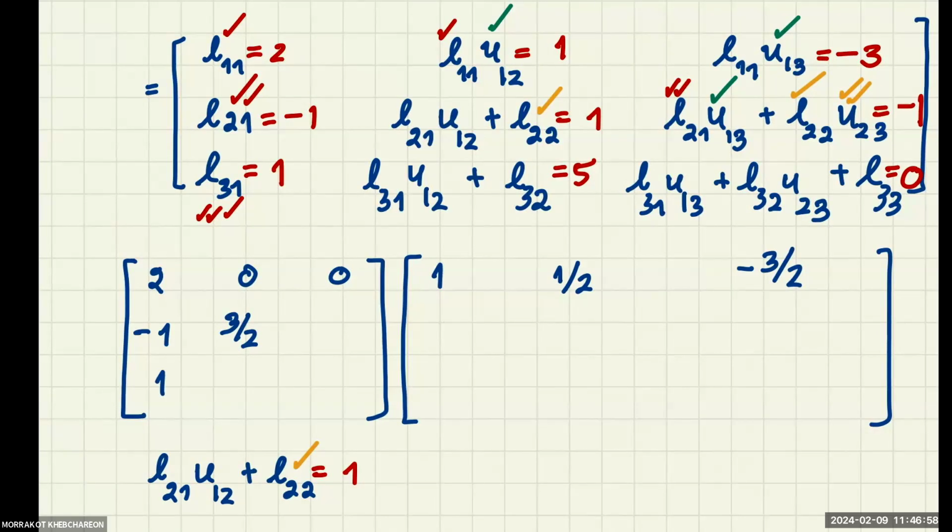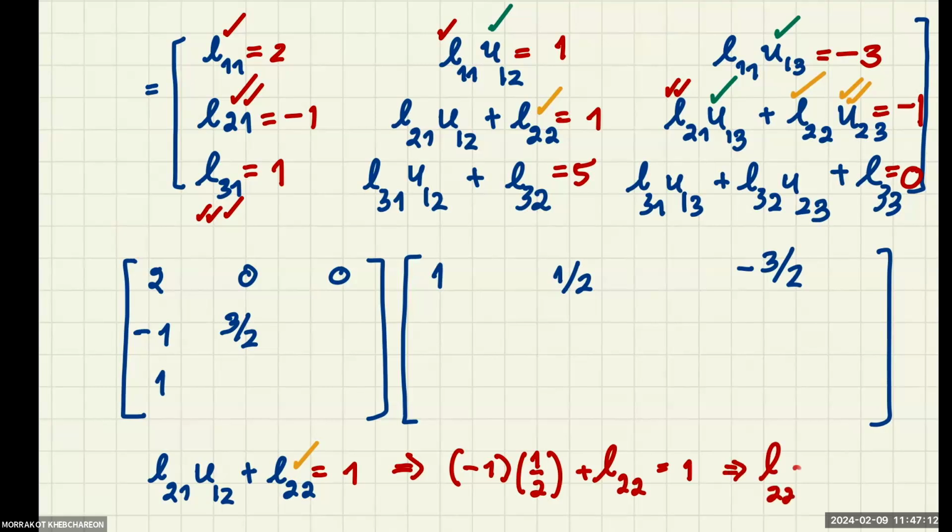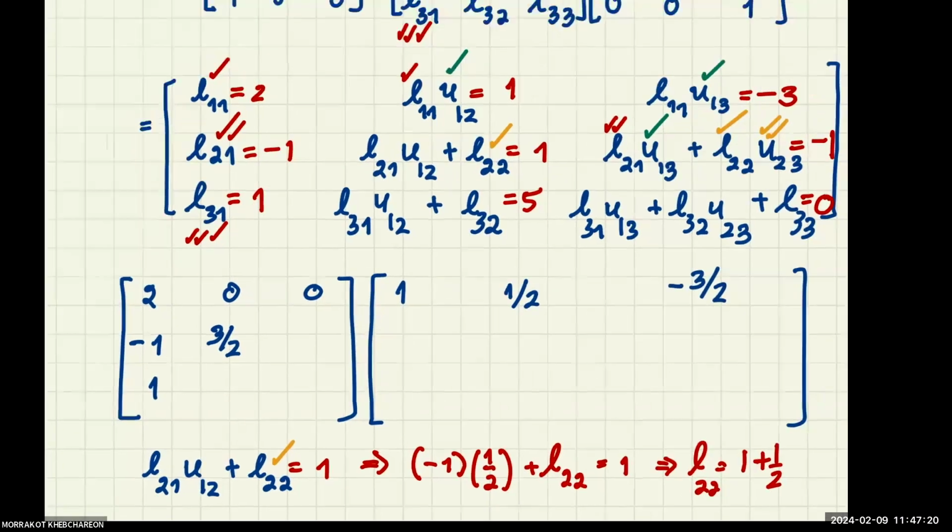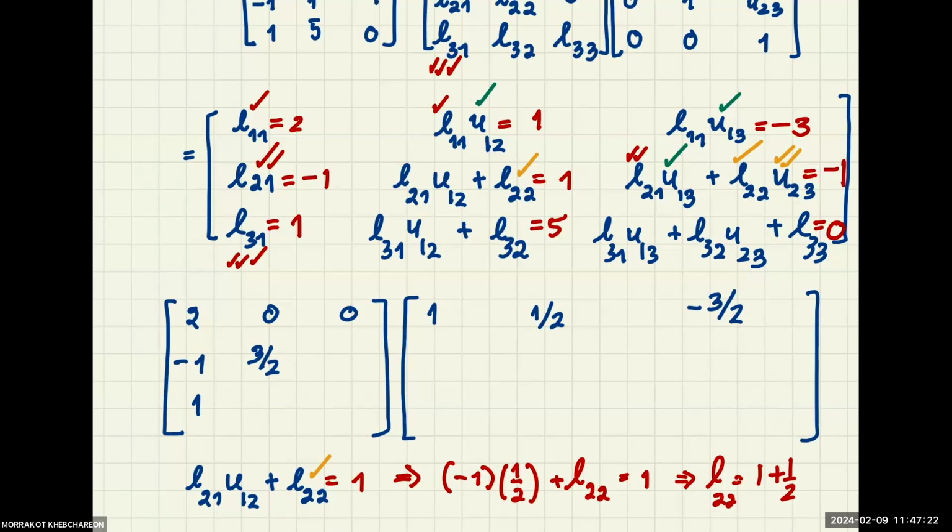L21 is minus 1, times U12 which is 1 over 2, plus L22 equals 1, so L22 is 1 plus 1 over 2, which is 3 over 2. And how about this one?